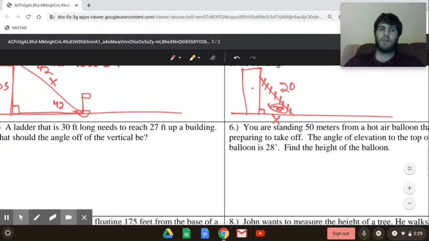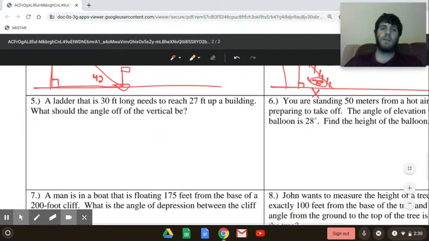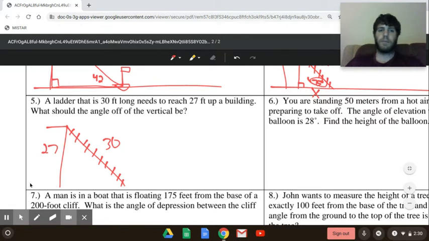Number 5. A ladder that is 30 feet long needs to reach 27 feet up a building. Here's a ladder that's 30 feet long, and here's the ground.